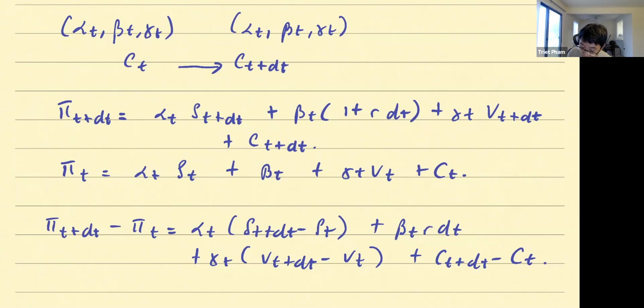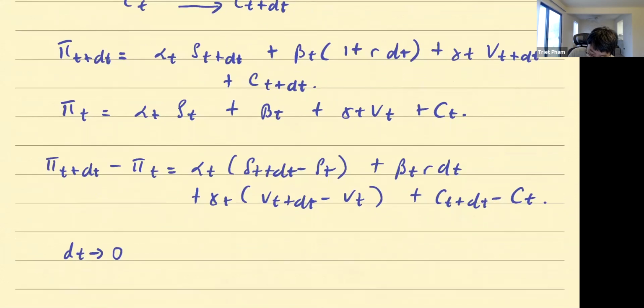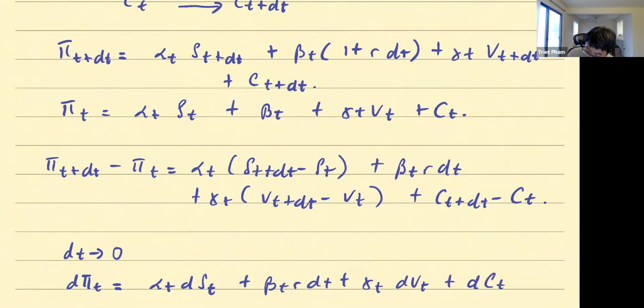So, question here? And so if you push the time interval to 0, what we get is the dynamics of the portfolio change like this: d Pi t is alpha t dS t plus beta t r dt plus gamma t dV t plus dC t.